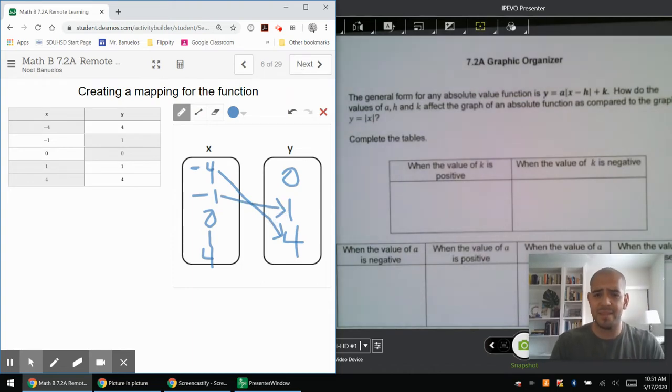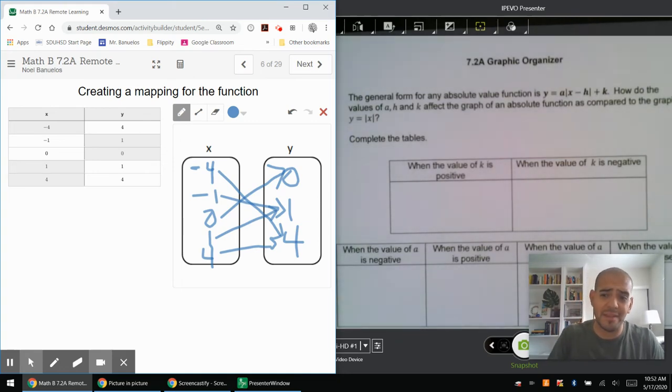And I'm getting this from my table. 0 goes to 0. 1 goes to 1. Now it's getting a little messy here. And then 4 goes to 4. Now remember, for it to be a function, every input has its own output.